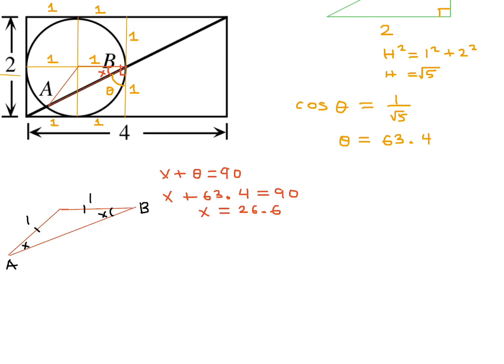And how do you figure out AB? Well, you're going to use the law of cosines. And I hope you know what the law of cosines are. And this angle in here is 180 minus 2x. Okay, so there we go.